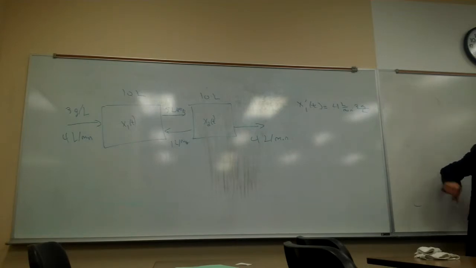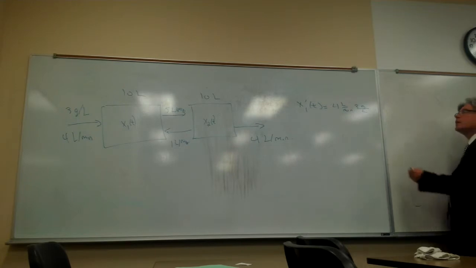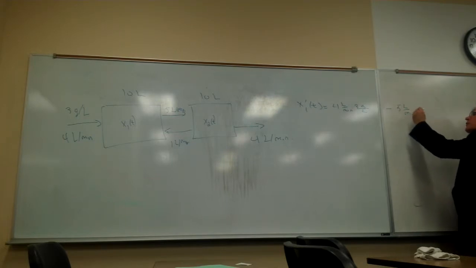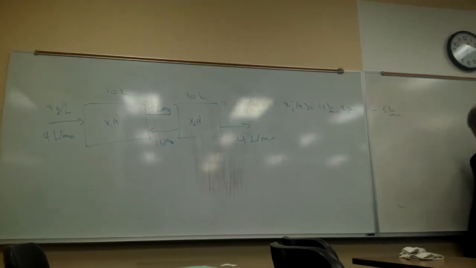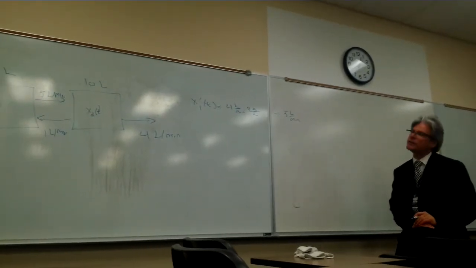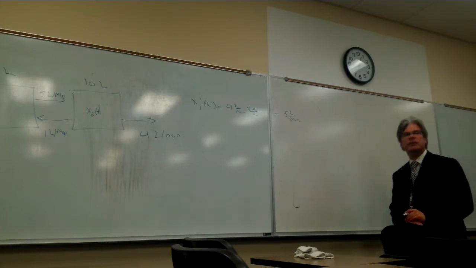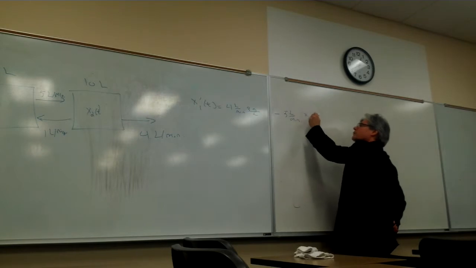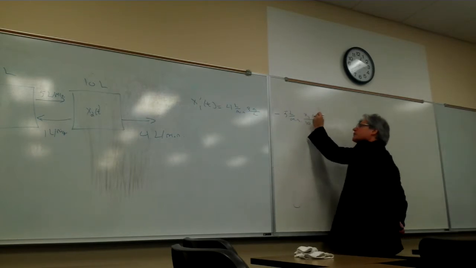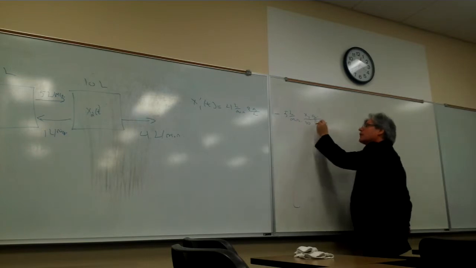However, the fluid flow of 5 liters per minute is leaving the tank. So I'll subtract off the fluid flow of 5 liters per minute, multiplied by the concentration of the pollutant in tank 1. What is that concentration? x1 of t over 10. Yes, x1 over 10. In case I'm making you nervous, let's check units: x1 is measured in grams, 10 in liters, so the liters still cancel.